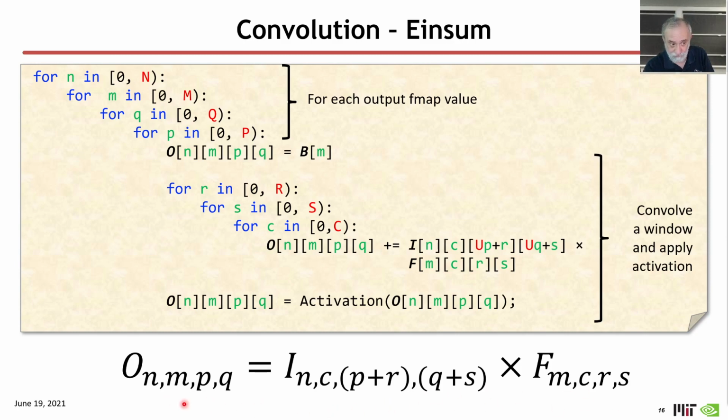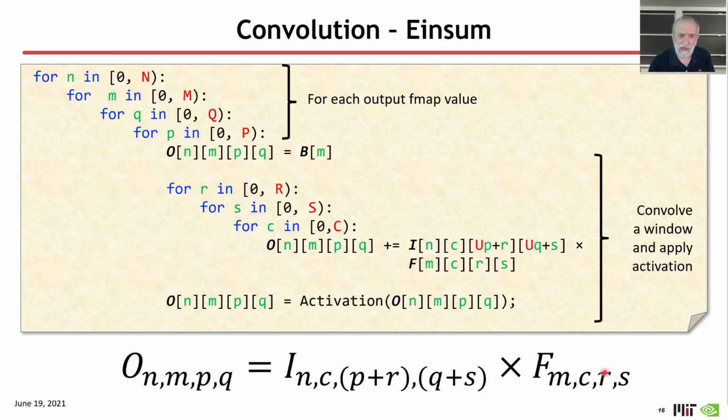And so we have outputs N, M, P, Q, N and C. N appears in the output, and so is an uncontracted dimension, but C does not appear in the output, so it's going to be a contracted dimension. P appears in the output, but there is an R here, so that means we're going to do a contraction across R. Similarly, Q appears in the output, and S is a contracted dimension that doesn't appear in the output, but does appear in the other argument.